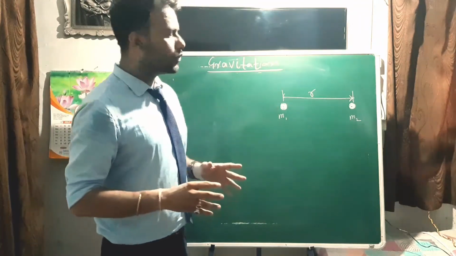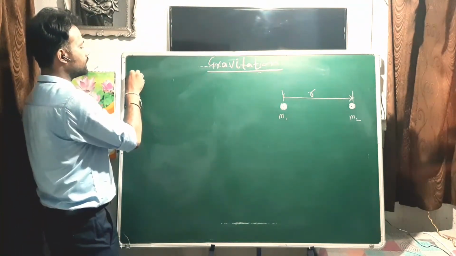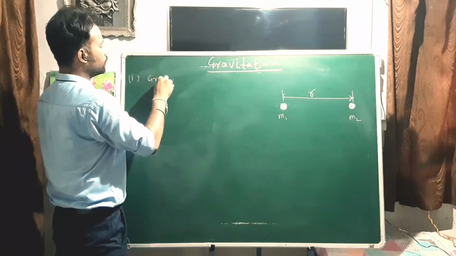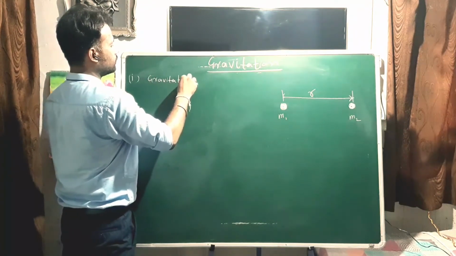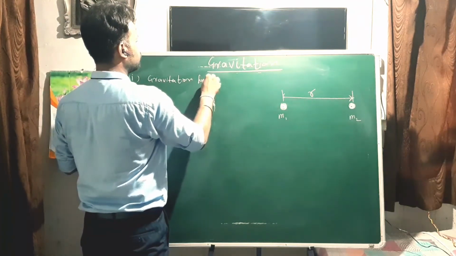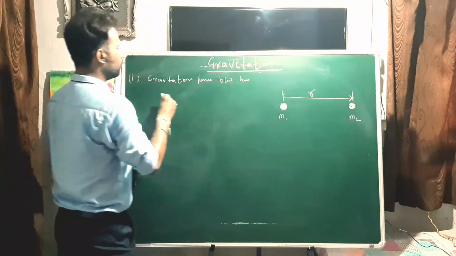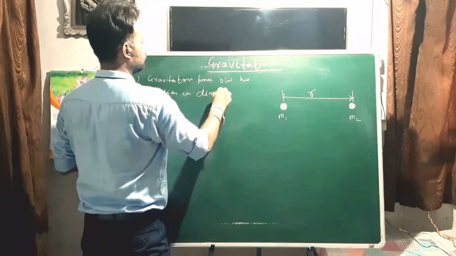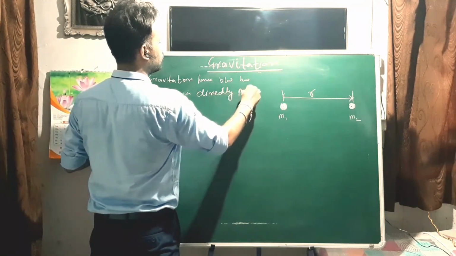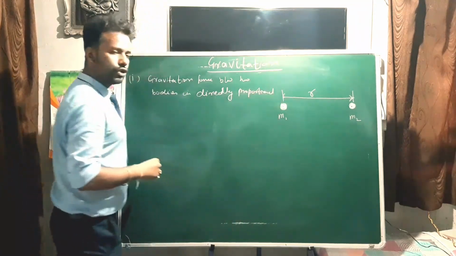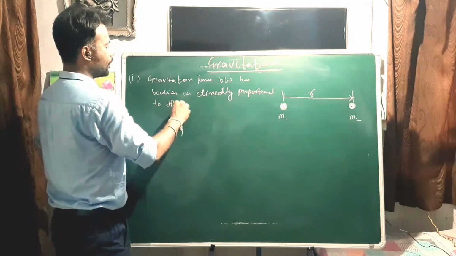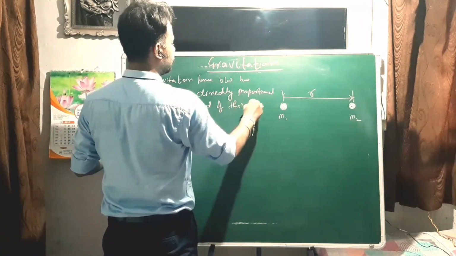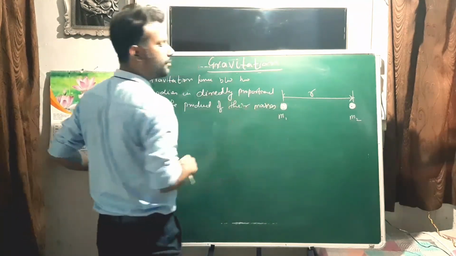Now the gravitation force between these two bodies, first he said, is directly proportional to the product of their masses.